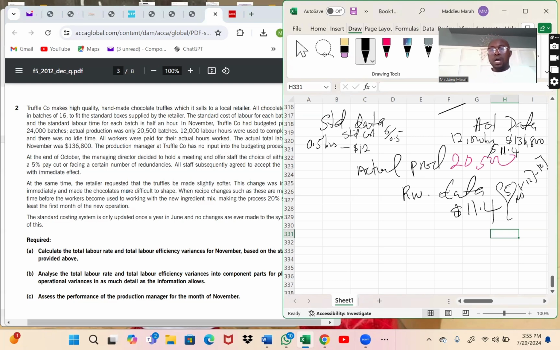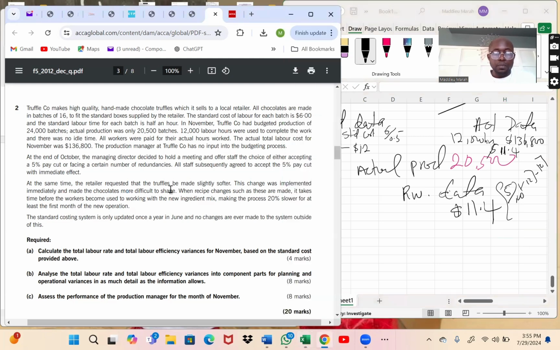Okay? And we continue. We are told that all staff subsequently agree to accept the 5% pay cut with immediate effect. Good news. At the same time, the retailer requested that the truffles be made slightly softer. Okay? These changes were implemented immediately and made the chocolate more difficult to shape.